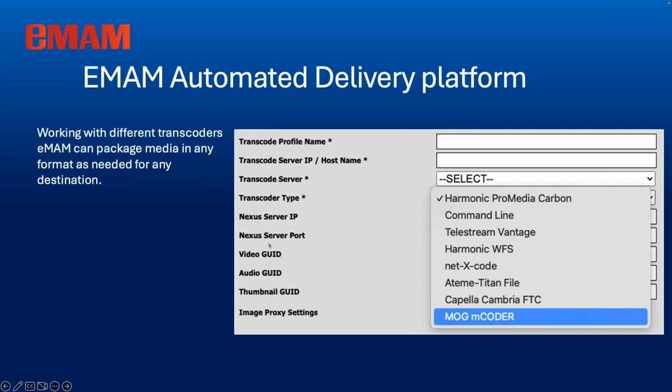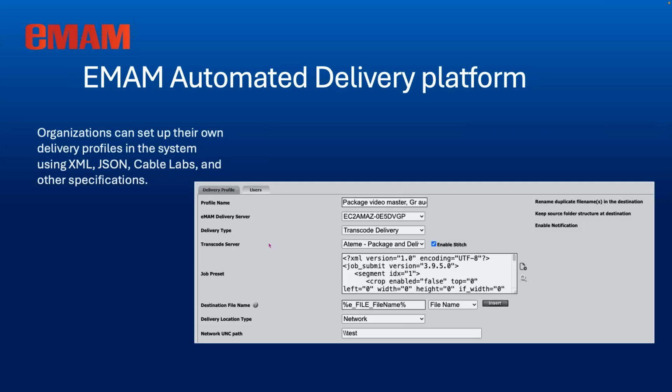That again highlights the flexibility we offer our customers to choose whatever transcoder they want to work with, be it Telestream Vantage, Harmonic ProMedia Carbon, NetX Code, eTem, or Capella. The recent integration with MOG mCoder gives you great flexibility to choose the one most suited to your workflows. And the configurations, again, are very simple.